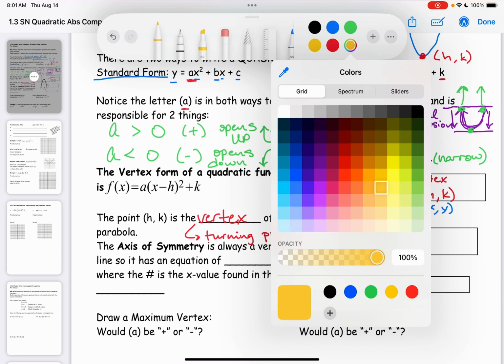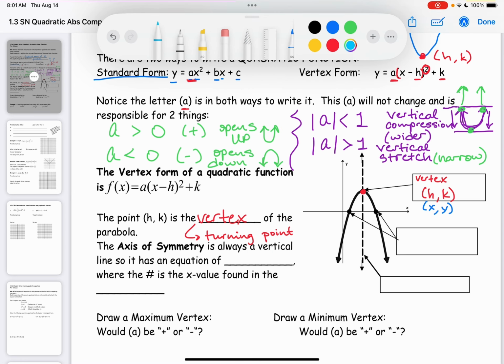Let's go with a different color here for the axis of symmetry. All right, so the axis of symmetry is always a vertical line, so it has an equation of x equals.